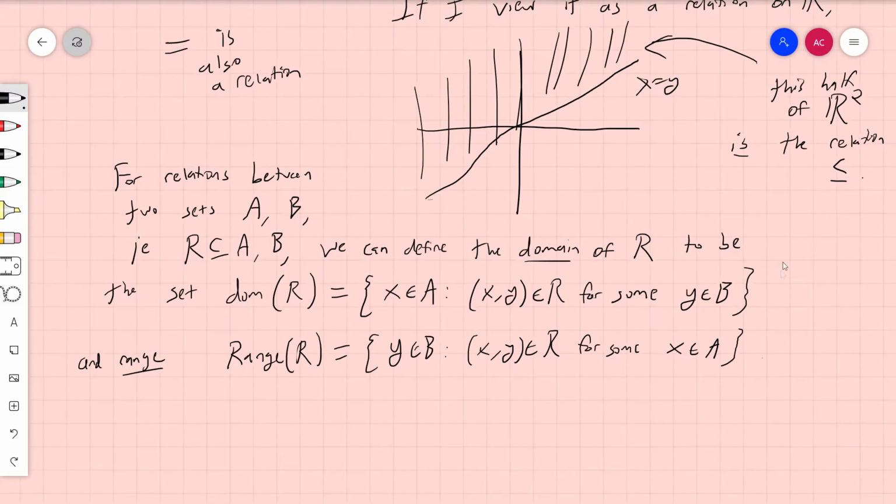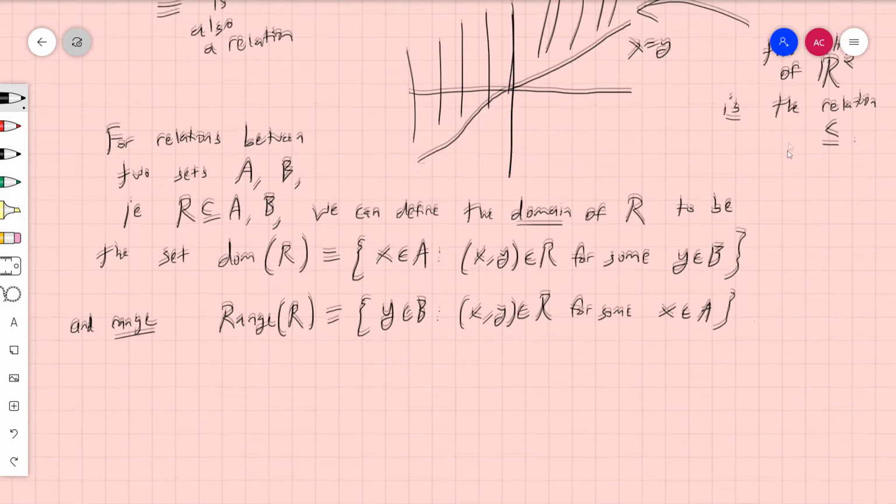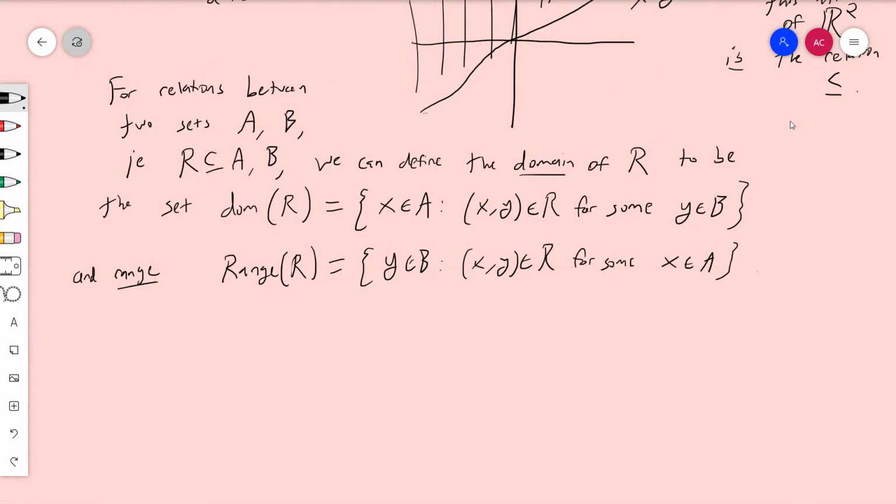And why am I talking about relations right now? Because a function is a special kind of relation. So I really defined relations just now because I want to formally define what a function is. So here's the definition.